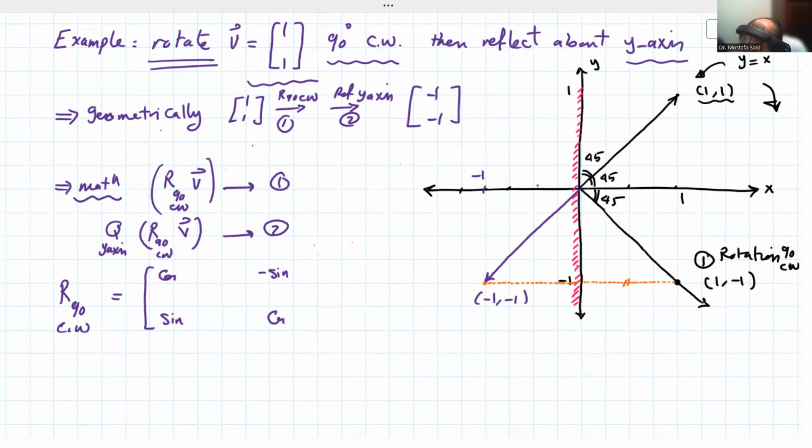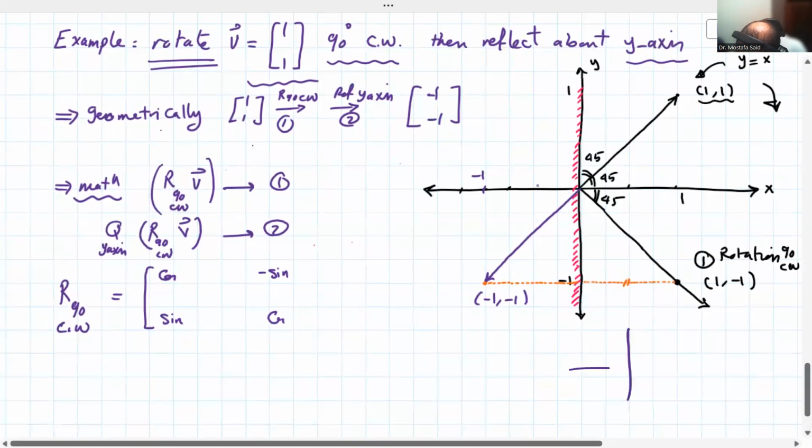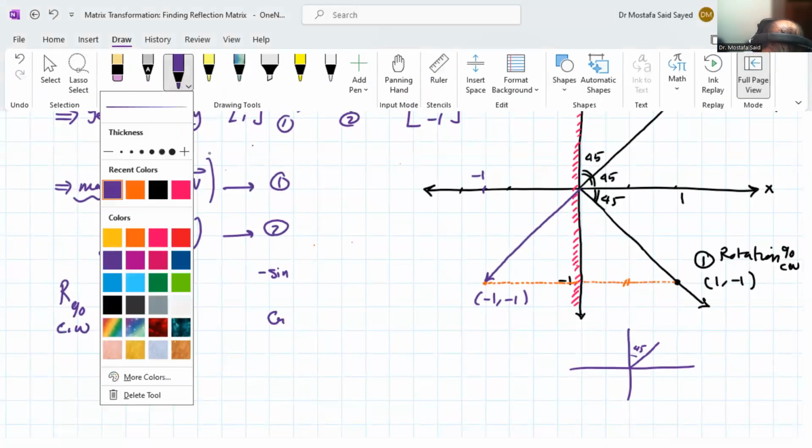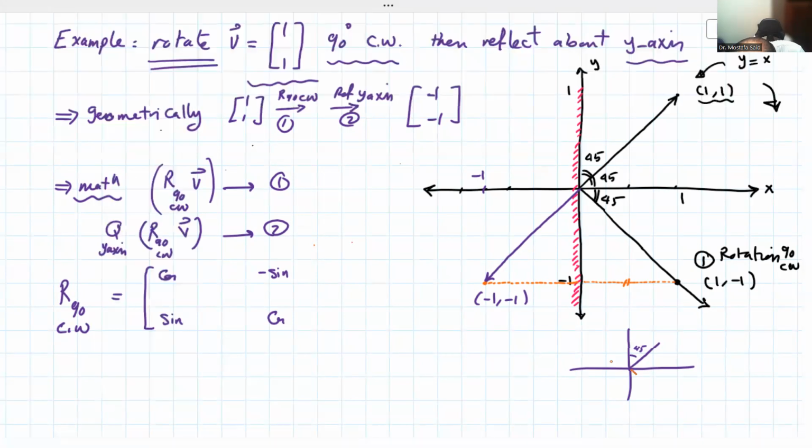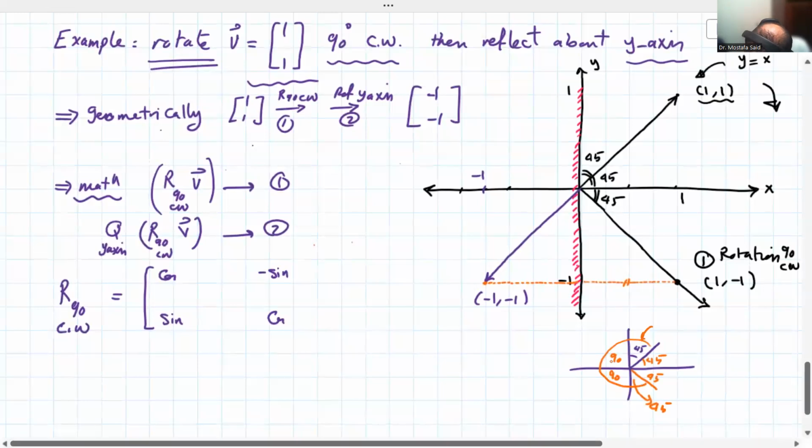Let's do this to make it more clear for you. If we have a vector like that, this is 45 degrees. If it's gonna move 90 degrees clockwise, it will be here. This is 45, this is also 45. But it can also reach that same point if it moves like that: this is 90, this is 90, this is 45, and here another 45.